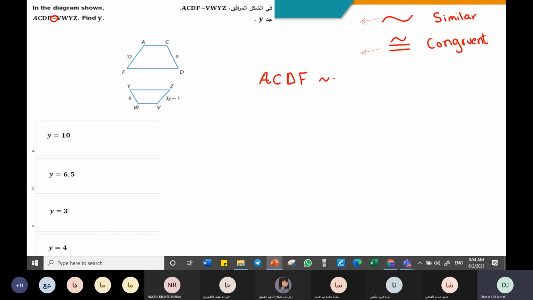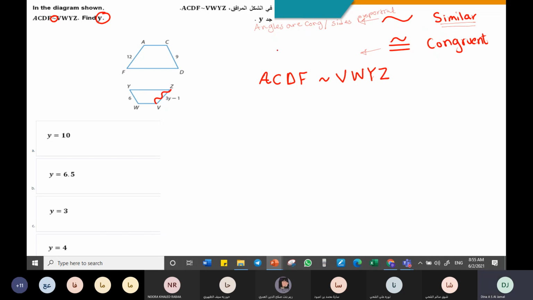So let's now pay attention to the fact of having proportional sides, and let's write it again. ACDF is similar to VWYZ. Now ladies, I would like to find y. My y is inside VZ. And let's pay attention again. With similar figures, angles are congruent, but sides are proportional.